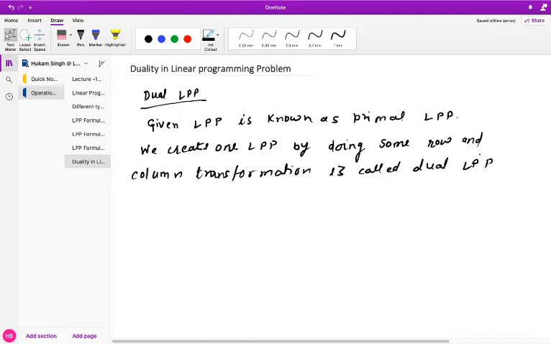Okay, so there are certain advantages of this dual linear programming problem.